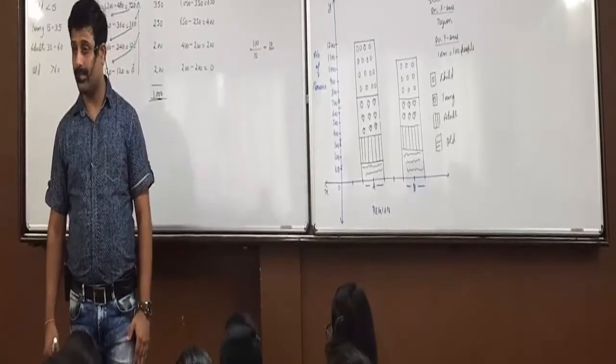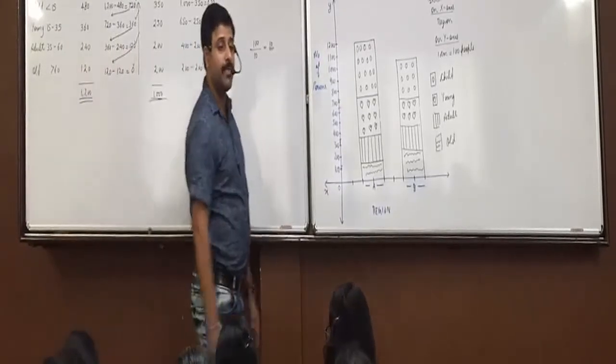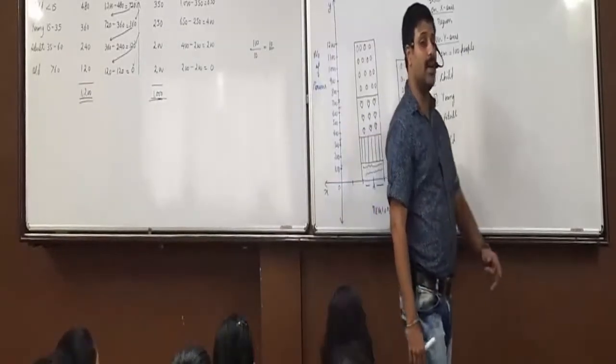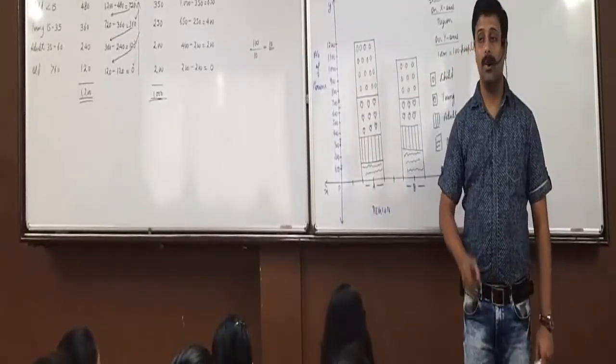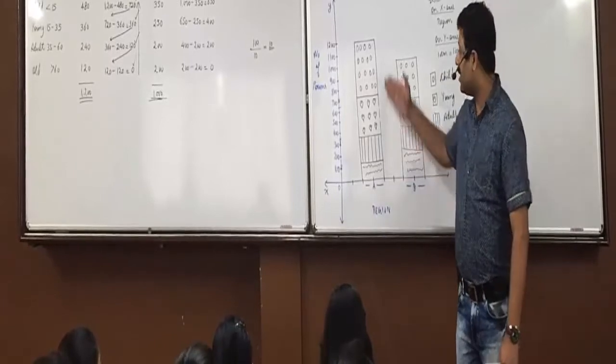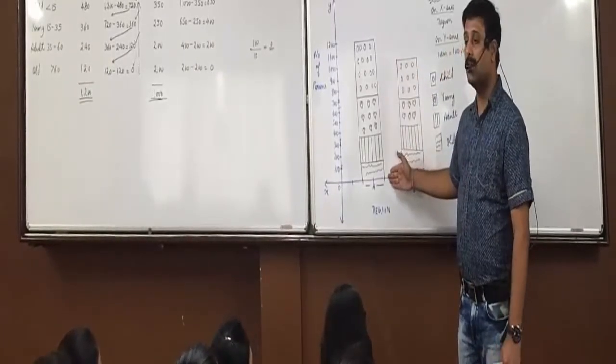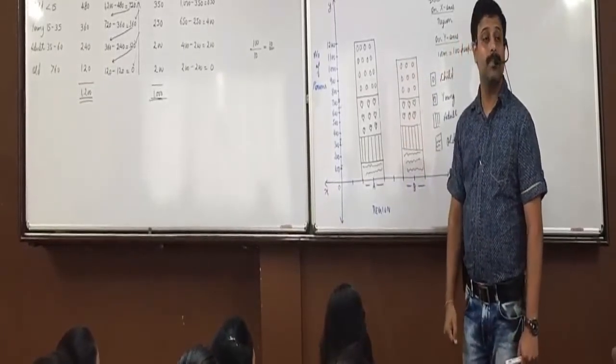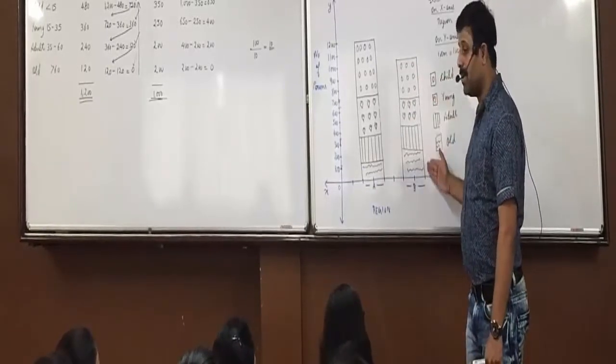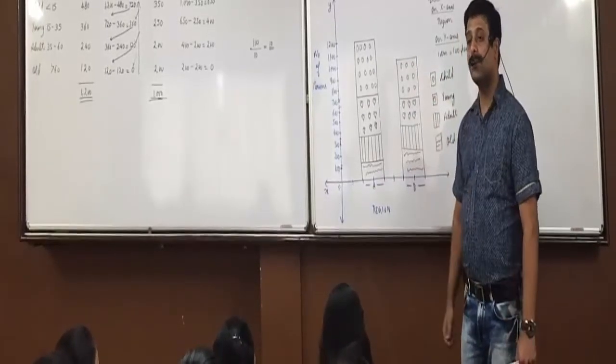No. It is wrong to say that in region A there are more adults than region B. Because in region A there are more people, so there will be more adults. In region B there are less people, so there will be less adults.